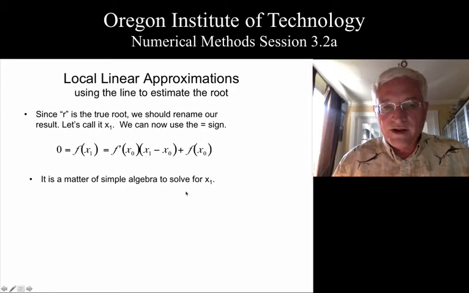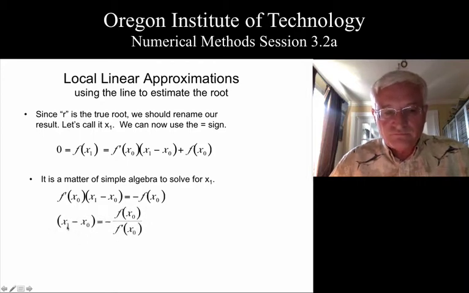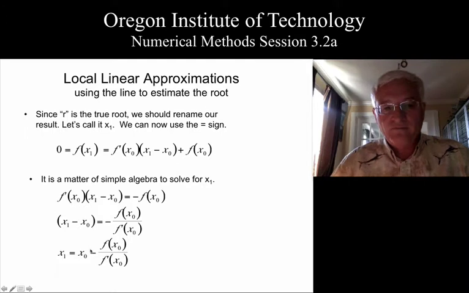We can solve for x1 by bringing f of x0 to the other side of the equation, and then dividing both sides by f prime of x0. By the way, if f prime of x0 is really close to 0, that might create a problem, and we'll come back to that later. But if we do it anyway, we'll have x1 minus x0 equals this ratio, and we end up fairly simply coming up with a formula for x1.